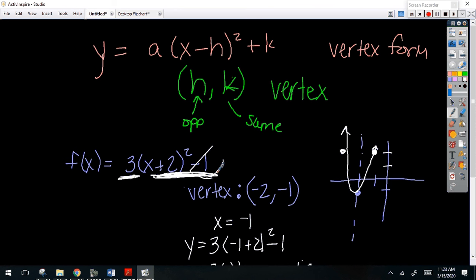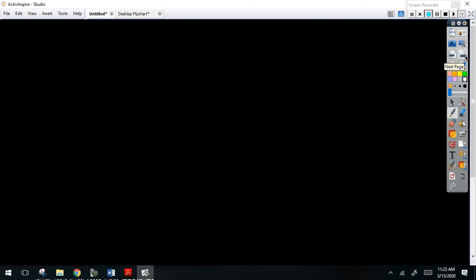So that's what we call vertex form. And so it's a little bit easier for us to see not only the transformations, but to pull that vertex out of the equation. And so what we are going to do is take an equation that is in standard form and write it in vertex form, okay? So this can be a little bit tricky.